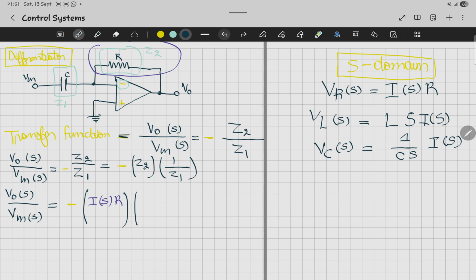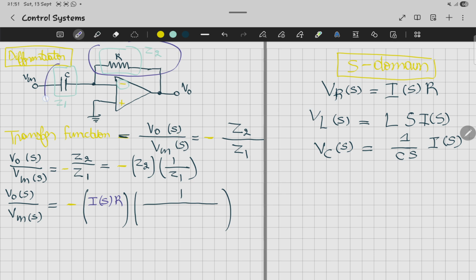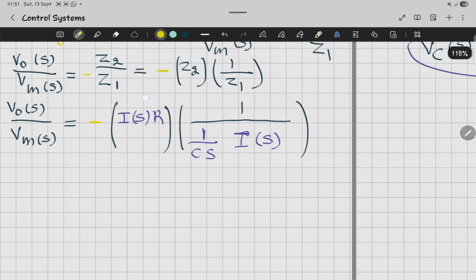So let me write it correctly. What I'm going to have here is C. So where's C? We can see C here. So it's going to be 1 over CS. And if I write this equation correctly, you can see these two will cancel out.